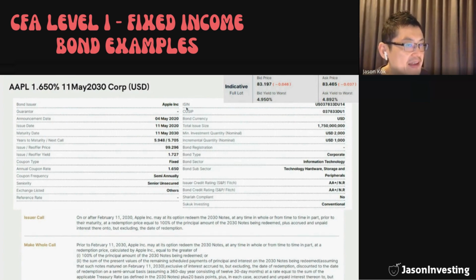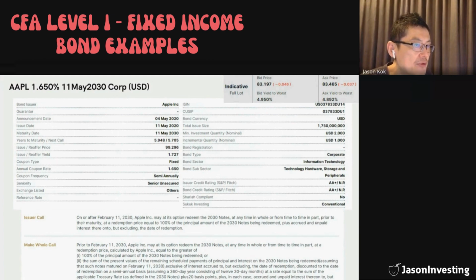And we have the ISIN number. Remember, the first 2 characters are the country code. And we have the next 9 characters, which in this case is exactly the same as the CUSIP number identifier. Because you can imagine that bonds are different from stocks. Stocks are fungible, so any shares in Apple stock are the same as any other shares.